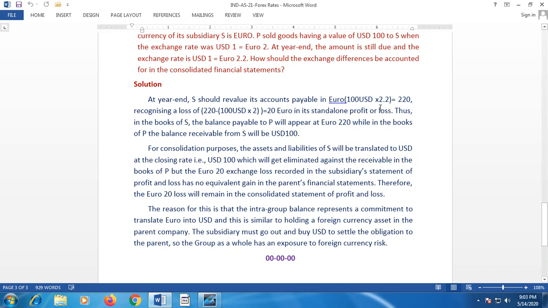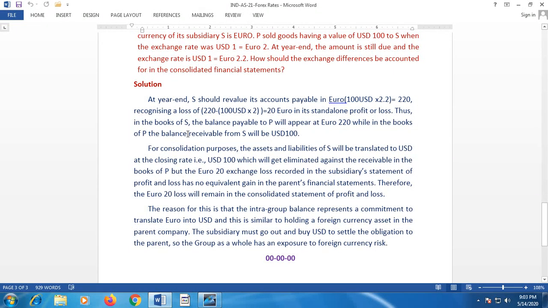Now the exchange rate differs. Now the amount is to be considered as 100 US dollar into 2.2, that comes to 220. Recognizing a loss of 220 minus 100 US dollar into 2, that means 20 euros in its standalone profit or loss.